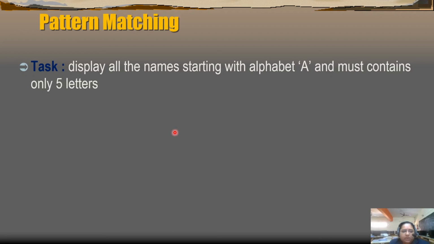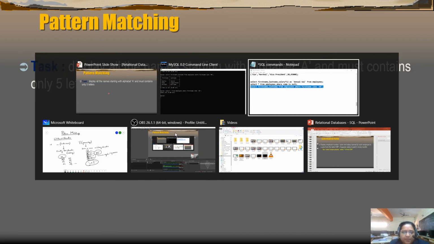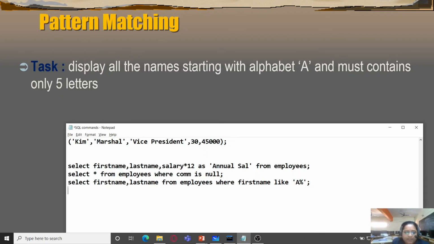Next, display all the names starting with alphabet capital A and containing only 5 letters. How do we create this one? So select all the names. I'm writing first name, last name from employees where first name like, and you can see it should start with a capital A, but it should contain only 5 letters.